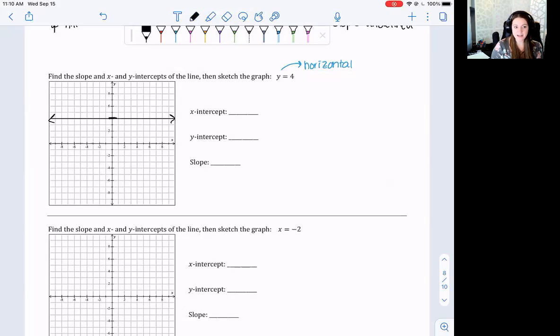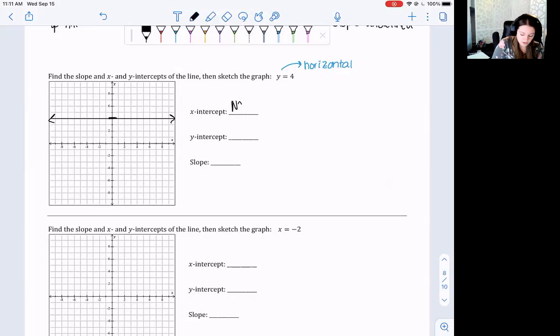So the x-intercept is where the line crosses the x-axis, but in the case of a horizontal line, unless you're actually sitting on the x-axis itself, so if you were y equals 0, horizontal lines do not cross the x-axis.